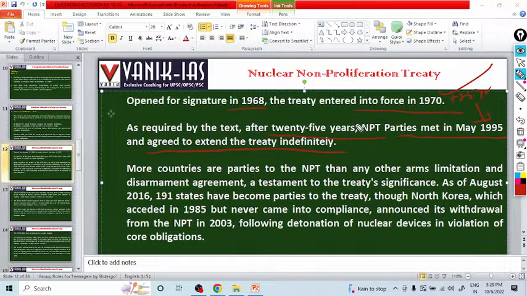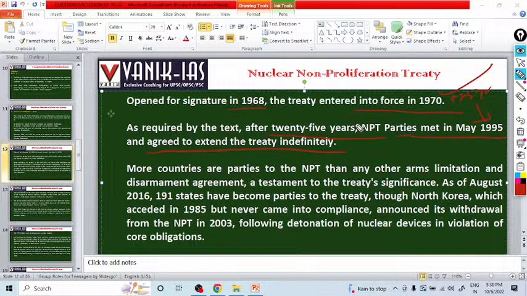Then more countries are parties to the NPT than any other arms limitation and disarmament agreement. This is a testament to the treaty's significance, because so many countries are members of this international treaty, 191 states.